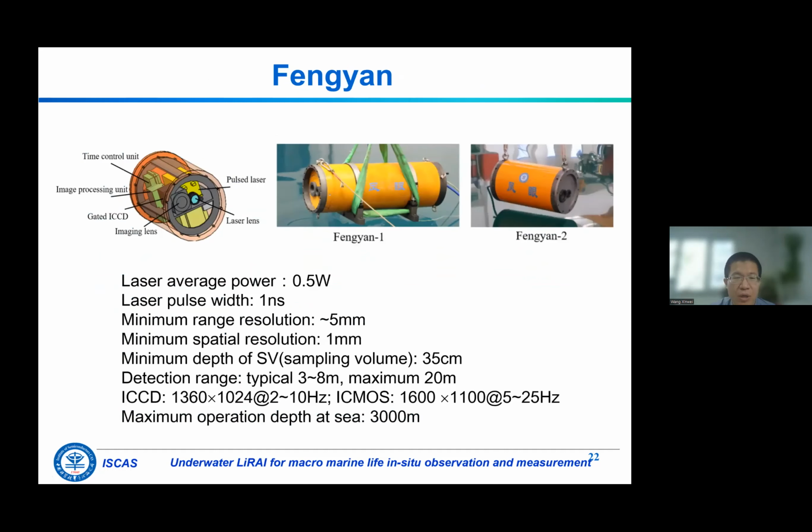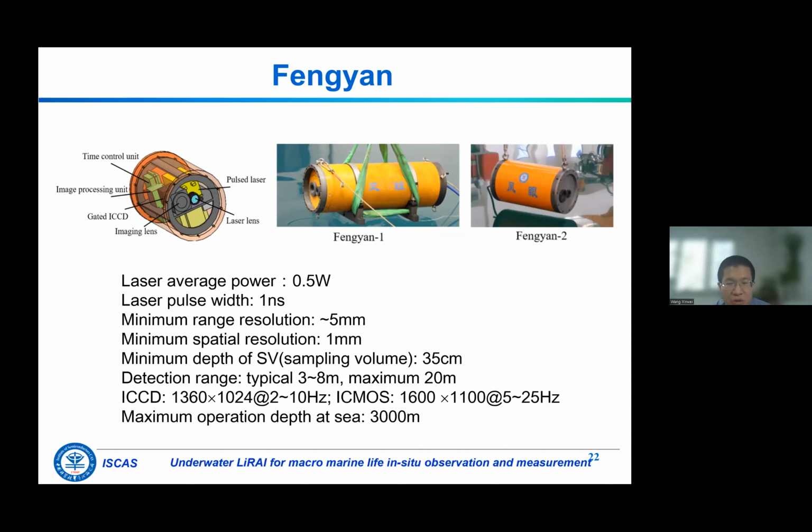Based on the LiRAI method, we established a prototype, Fengyan. These are the parameters of Fengyan. The laser average power is about 1.5 watt, the laser pulse width is about 1 nanosecond, and the minimum range resolution is about 5 millimeter.